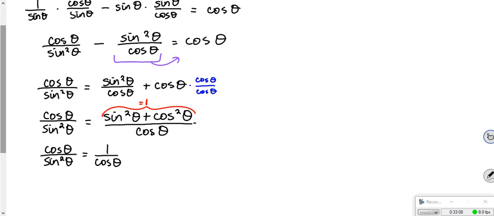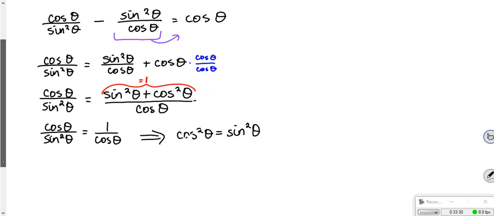Now, I can actually do cross products, right? So this is going to give me cosine squared theta equals sine squared theta. Okay, hope you all see that.